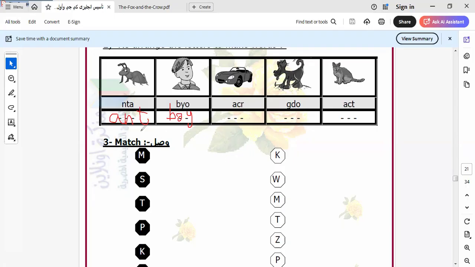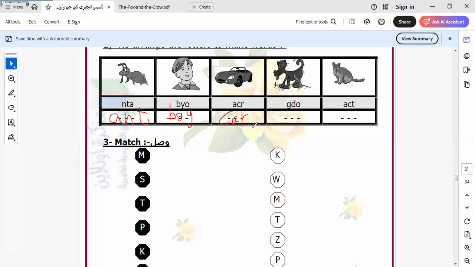Okay, there is ant, boy, car. Why would I like you to keep this vocab? Because when you go to the academic year, you make up your mind. It's 2 months, or 2 months and a half, or 3 months, which is a long period for forgetting what we learned.